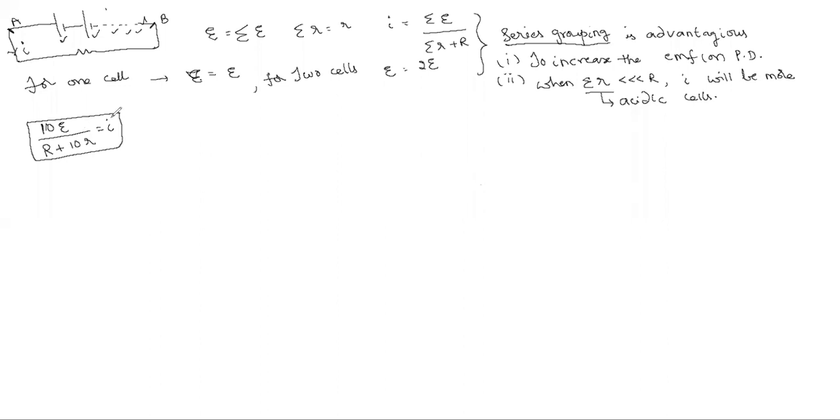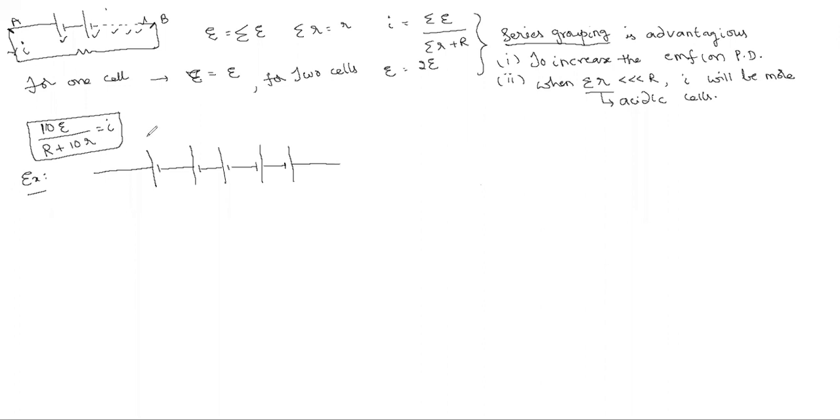Now, related to this series grouping of cells, let me give an example. Suppose in the question, he gave it like this. This is one cell, the second cell, the third cell, the fourth cell like this, and one more cell here. Totally, how many cells are taken there? 5.